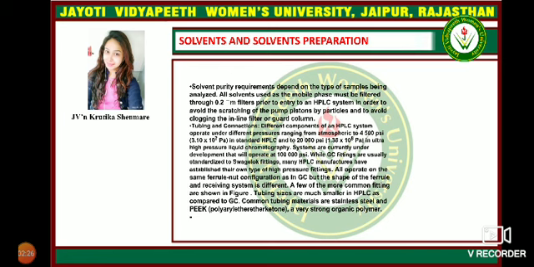Systems are currently under development that will operate at 1 lakh psi, while fittings are usually standardized to Swagelok fittings. Many HPLC manufacturers have established their own type of high pressure fittings.